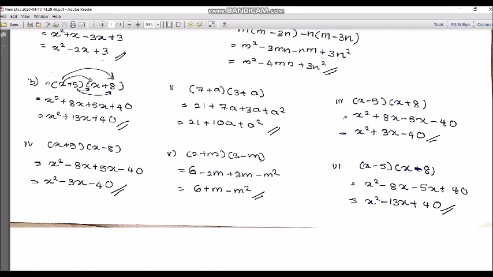So here there are two brackets, and how we simplify two brackets, we have to multiply each and every constant or variable within the bracket with the value in the next bracket. So here x into x, x into 8, plus 5 into x, plus 5 into 8.